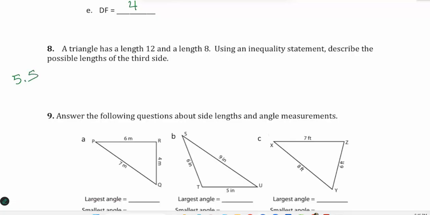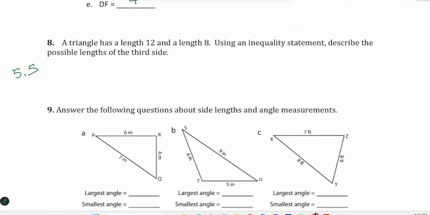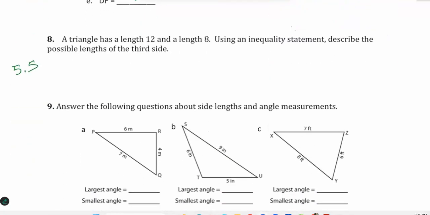So here they're saying, let's look at a triangle that has certain lengths. A triangle has lengths of 12 and 8. Using an inequality statement, here's the third side.